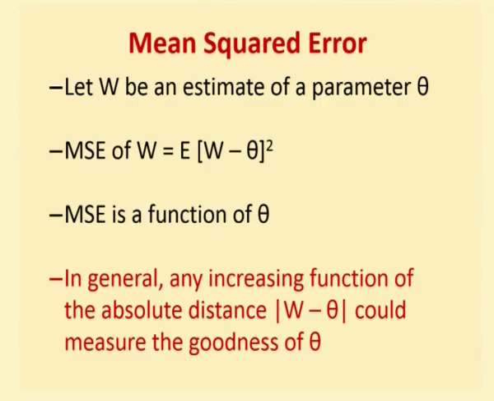Whether any other such measure can replace this, like an absolute or modulus value, if you replace that, still a similar kind of metric can be computed. However, here we follow the square of the error and then the mean. Once again, MSE is also a function of theta. So any increasing function, like absolute distance, could measure the goodness of theta.